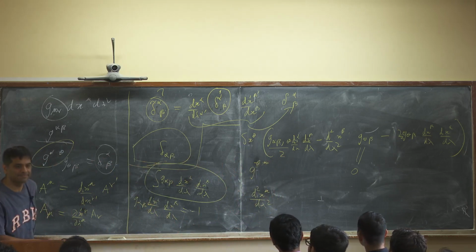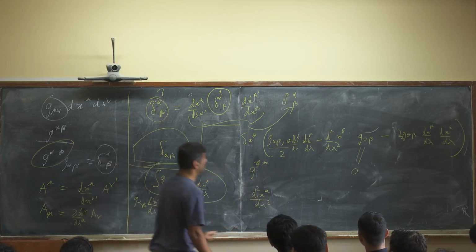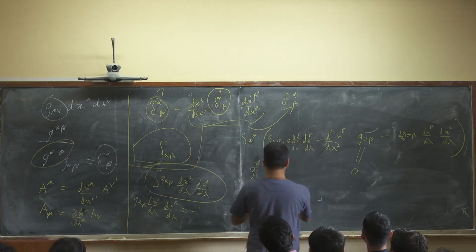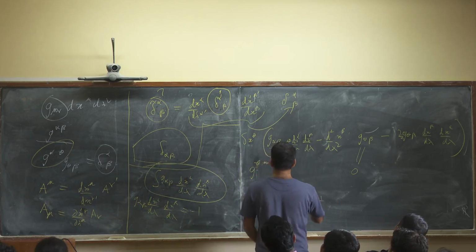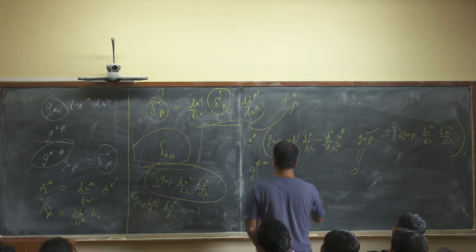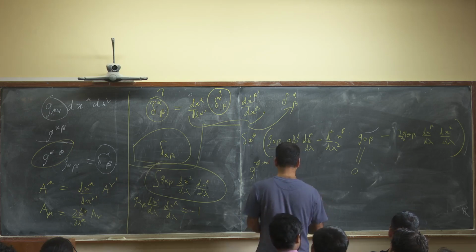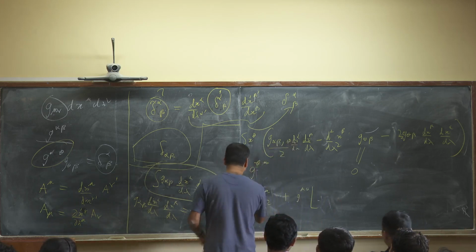Is this clear? Excellent. Now, this is what I have, and then I'll add the other things. So what I have here is g mu theta. Okay, you want a minus? I'll put a minus.